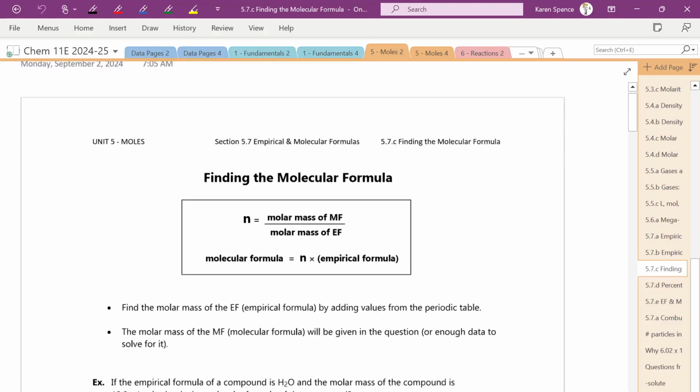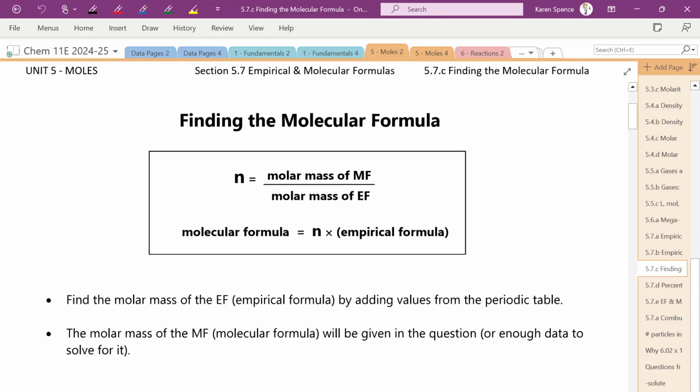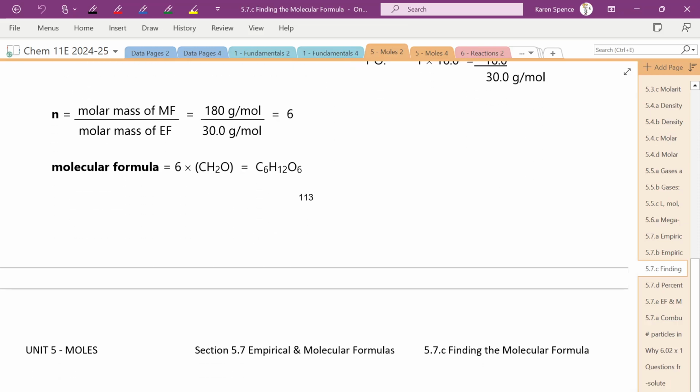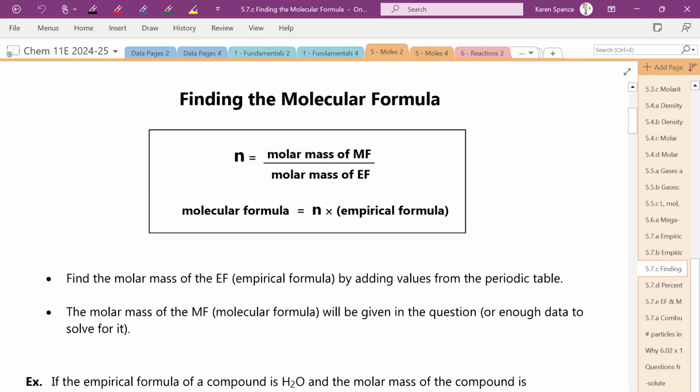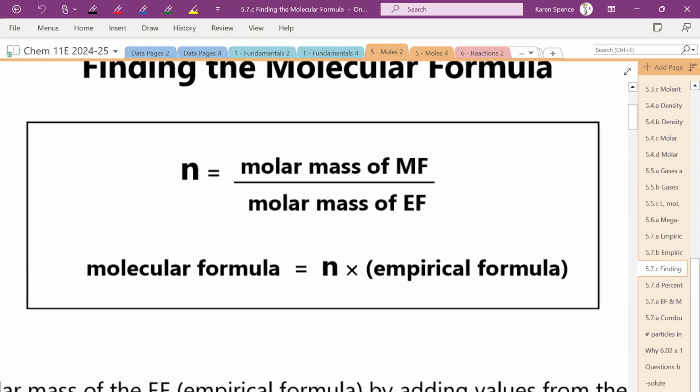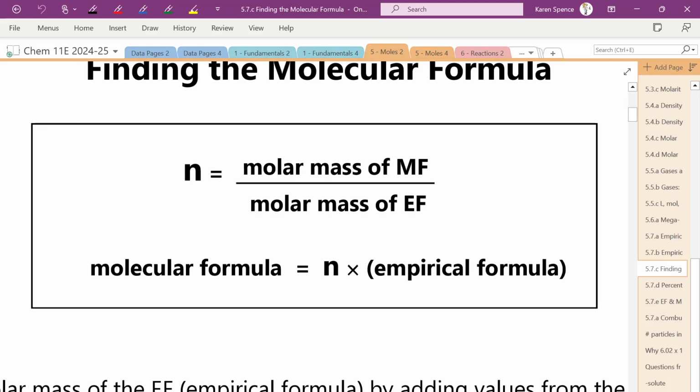We're going to look at finding the molecular formula, which is on page 113. In the moles book, 113.